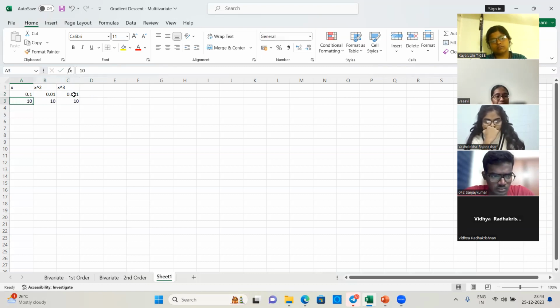If x were to be a value between -1 and 1, then this value would of course be less than this, and this value would be less than this, correct? So you multiply this by any constant. I'm just taking a constant here to make it easy.